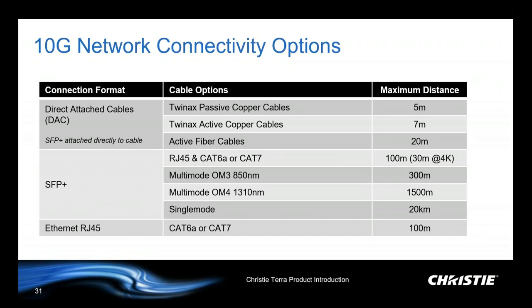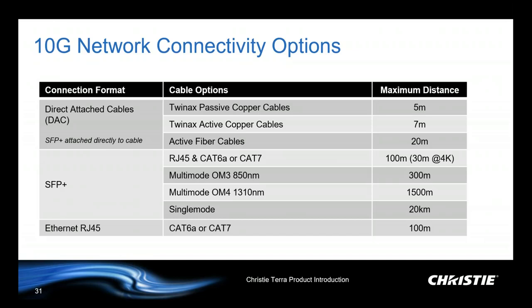There's twin-X or direct attached cables, which have the SFP plus transceiver directly attached to the cables, and you can have these in different lengths, either in copper or fiber.